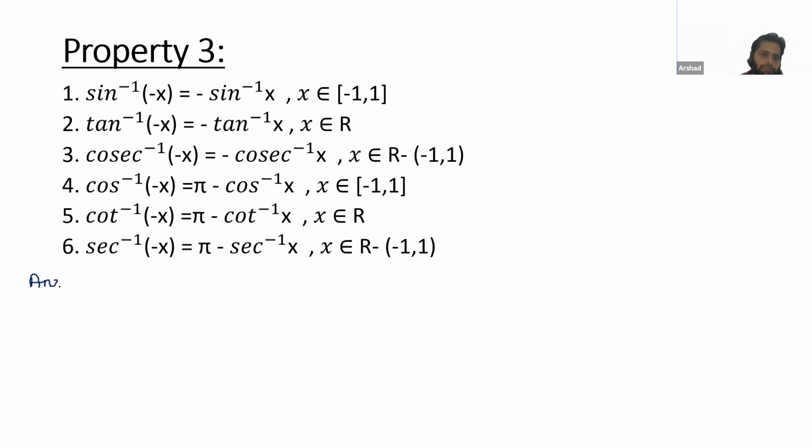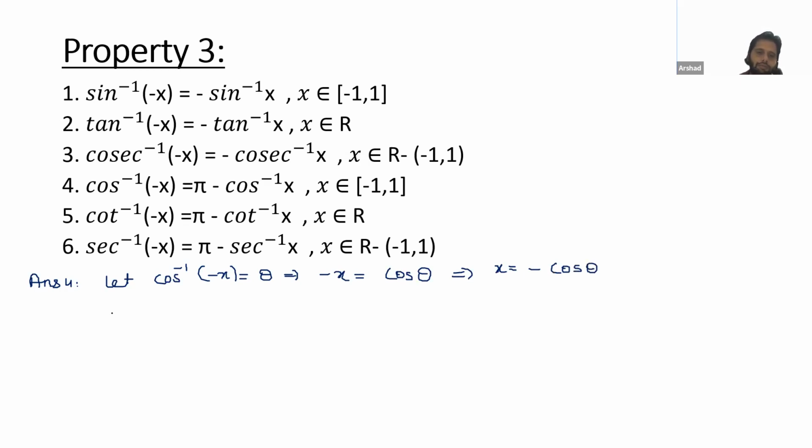Okay, next one. Fourth: let cos inverse of minus x be equal to theta. So we will write minus x is equal to cos theta, and then x is equal to minus cos theta.